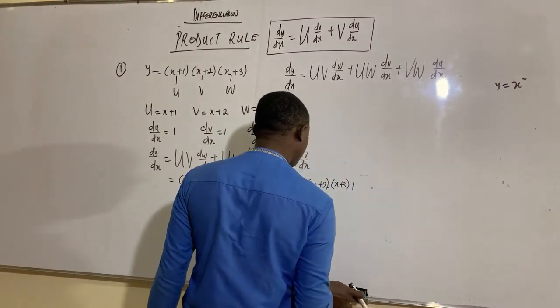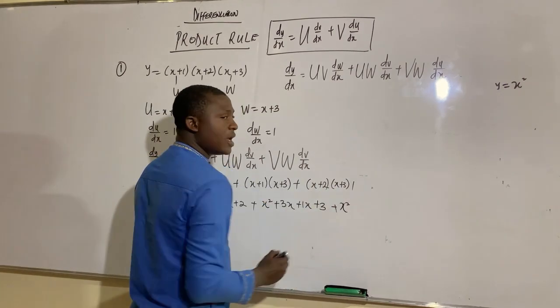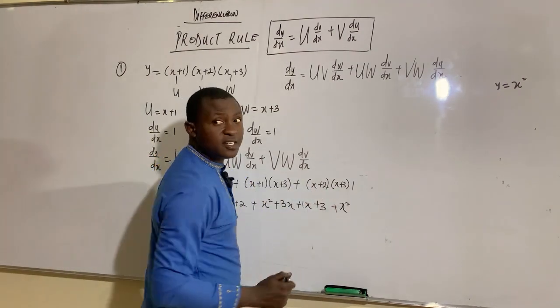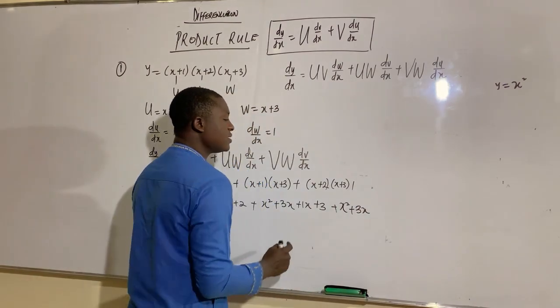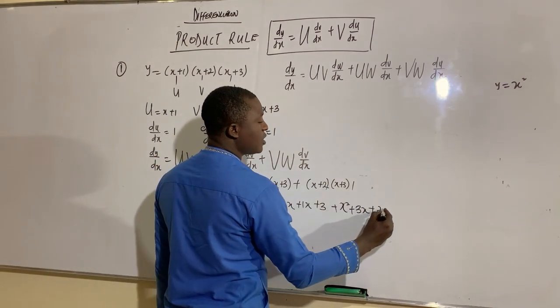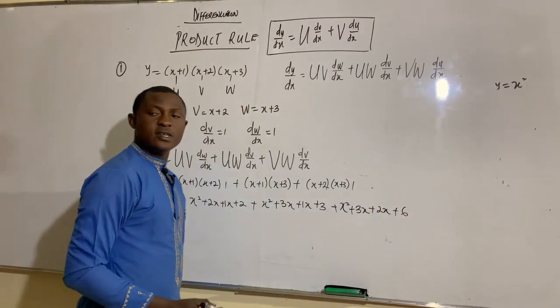The same thing is also applicable to this side. x times x, and we have x squared. x times 3, we are going to have 3x. 2 times x, we are going to have 2x. 2 times 3, of course, we are going to have 6.